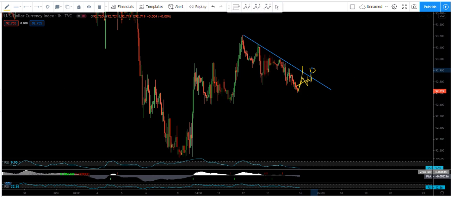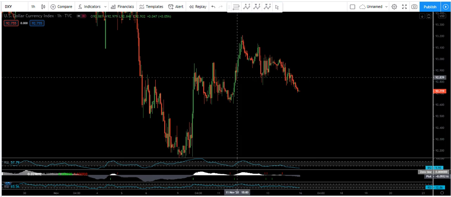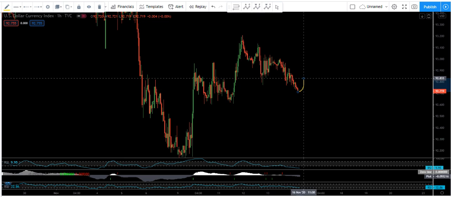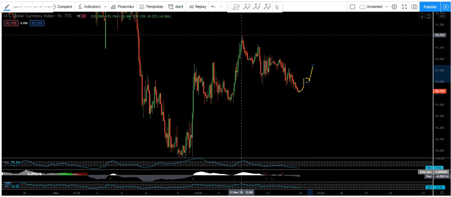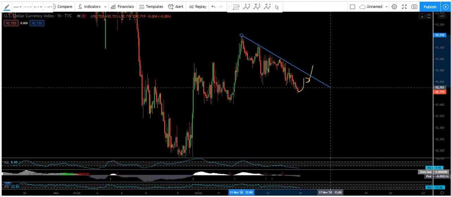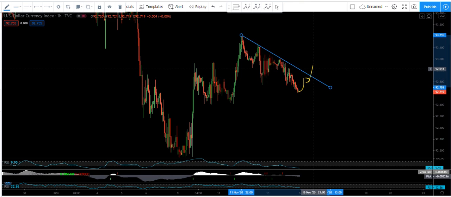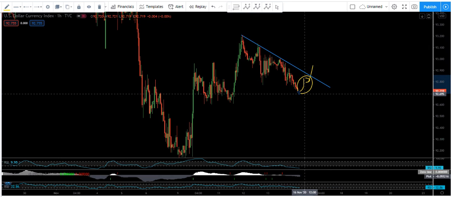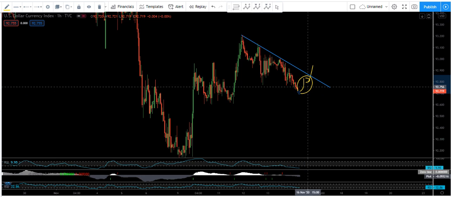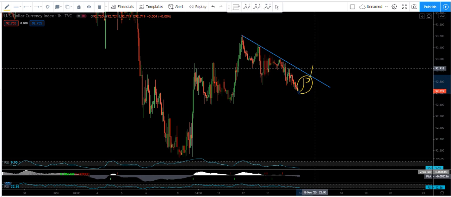This is one of the options. The other option, if you get any sharp move, a small flag, you can look for a buy. But at that time, you need to bear in mind where you get this flag. If the flag is within this range, if we want to trade within this range with a sharp move and flag, we need to see how we can trade it. We need to look into the trade, whether we need to take it or not.